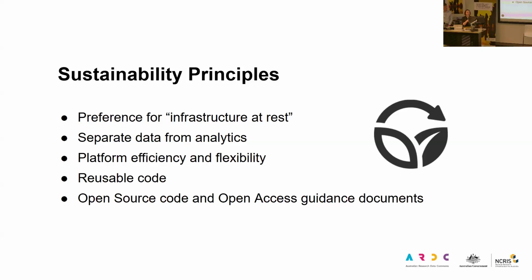A need for overall efficiency and flexibility in the design of platforms, making sure that we reuse and make use of international standards, and a need for reusable code and open source code and open access guidance documents so that we aren't needing to constantly redo things from the start, to make the best possible use of what we can do with what's available for HASS research. So that was just the first phase of the Community Data Lab.